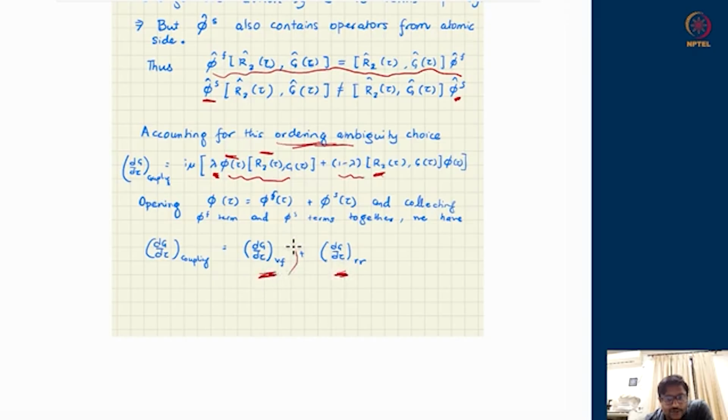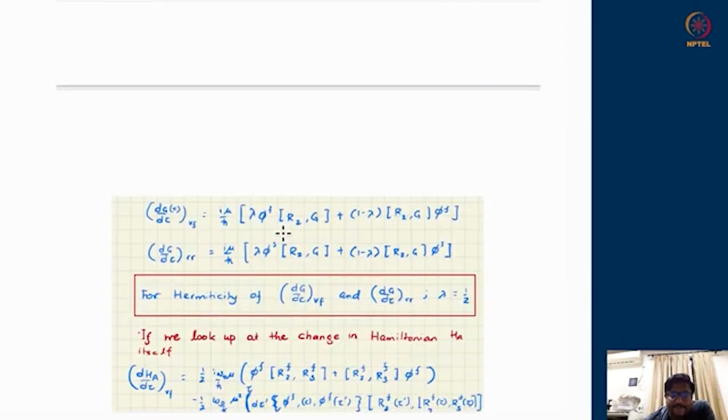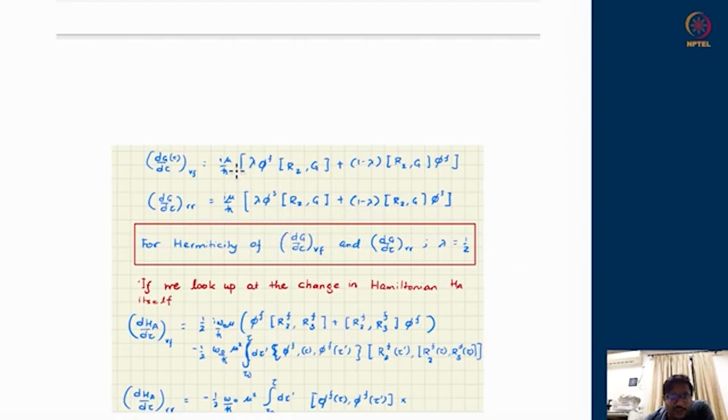One determined by field part, free field part in some sense. This is called the vacuum fluctuation part. And then there is an interaction of atom and the field. This is called the radiation reaction term. So ultimately the coupling term also splits into two nice terms, which are like this. Okay. So the vacuum fluctuation term is made from the free field part.